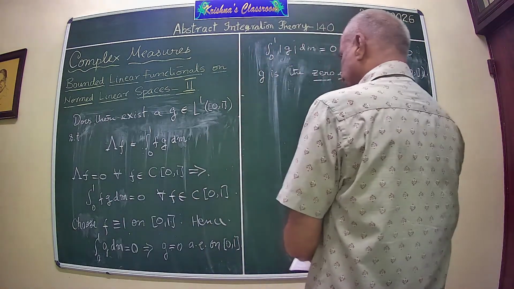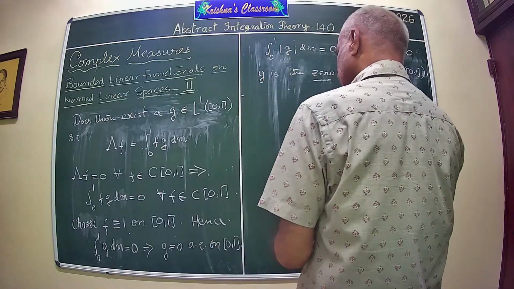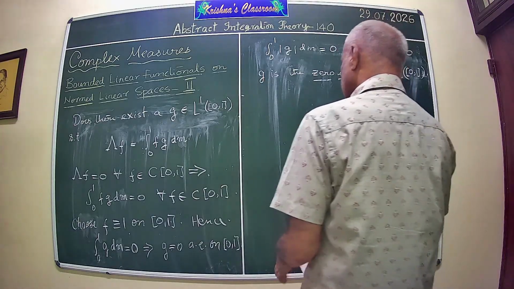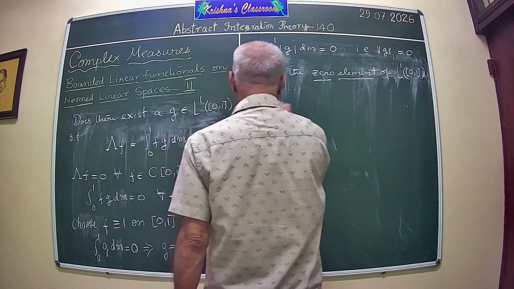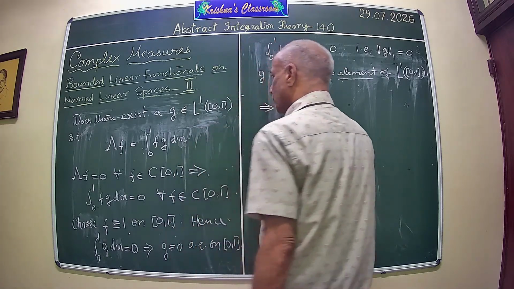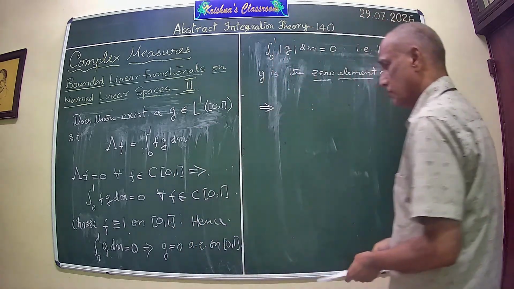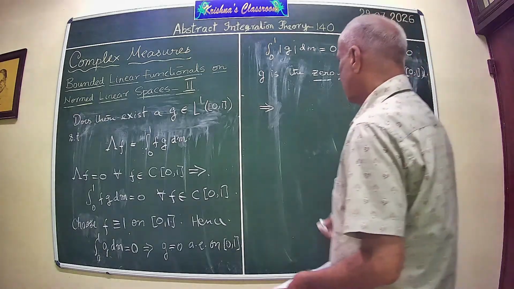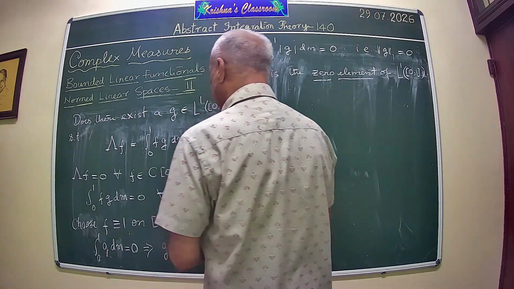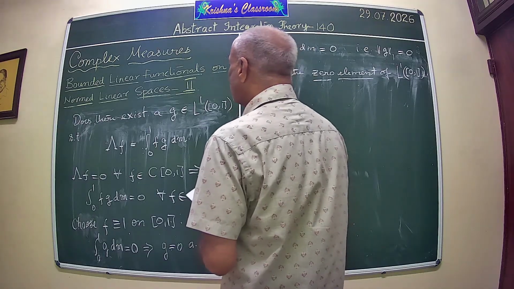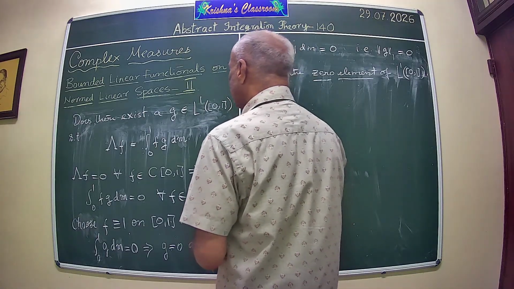Now you take this, and this implies, see, where did we start with G? Now we shall take lambda F equal to the integral over 0 to 1 of F G dm.